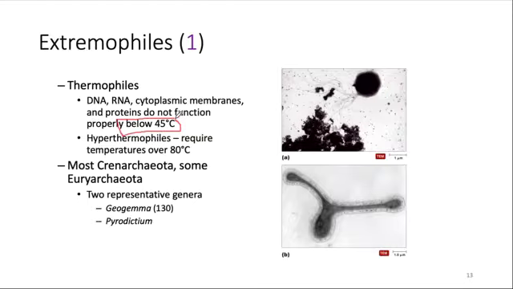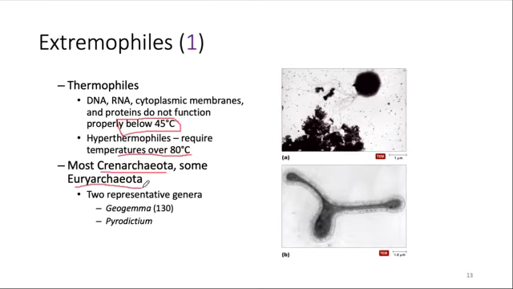Within the Thermophiles, you have the hyperthermophiles. They require extreme temperatures over 80 degrees. Some are known to live at temperatures of 121 degrees. Most of them are Crenarchaeota, but some of them are Euryarchaeota.